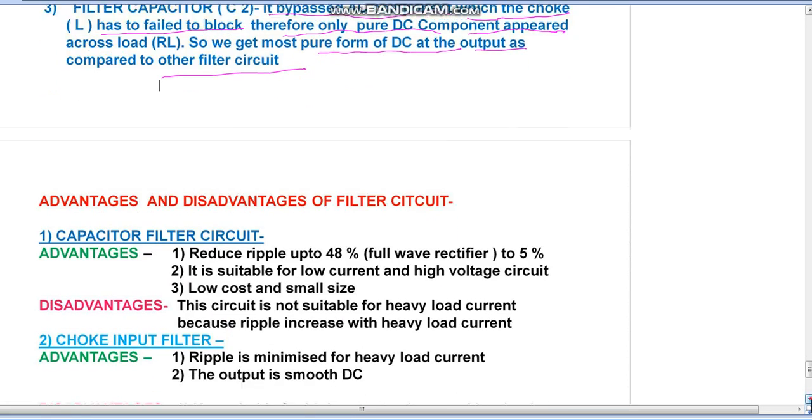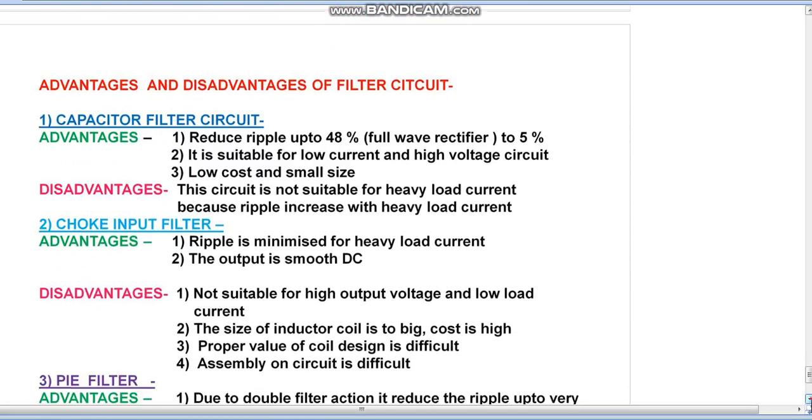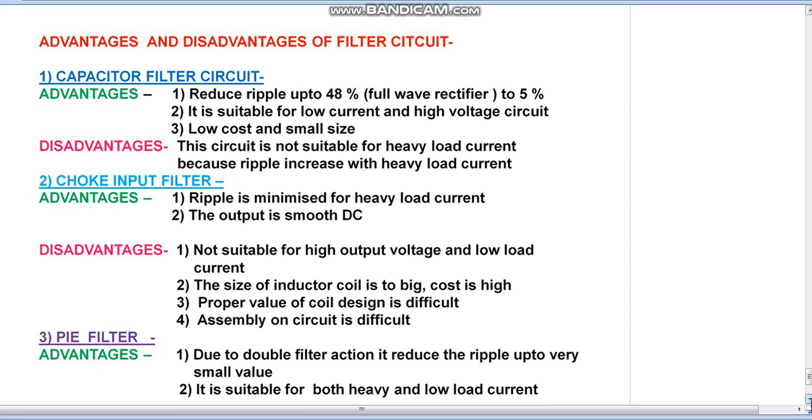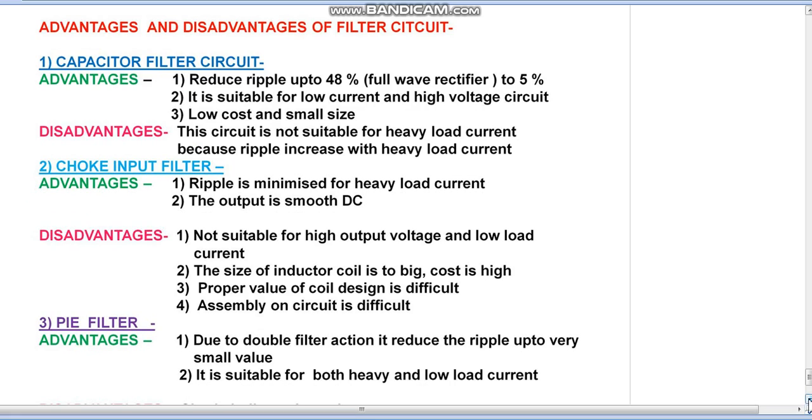Now the next topic, that is the advantages and disadvantages of the filter circuits. First, the capacitor filter circuit. What are the advantages of the capacitor filter circuit? It reduces ripples up to 48%, that is for the full wave rectifier circuit, up to 5%.